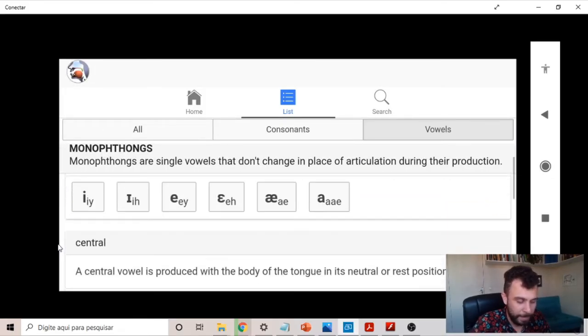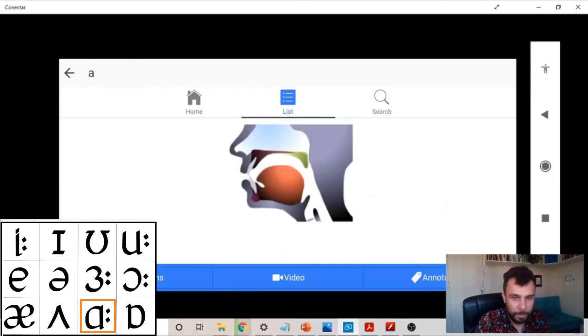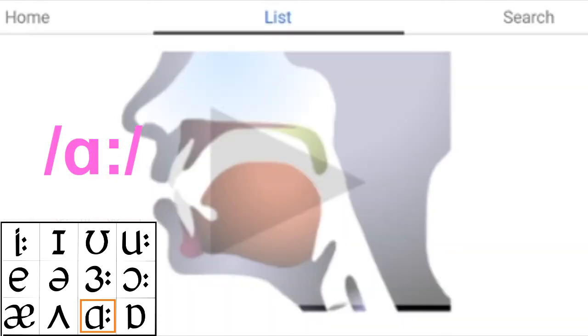Okay? And then look at this one. So what happens is that your tongue is lowering and it's the back part of your tongue which is moving. So this is a low and back vowel.